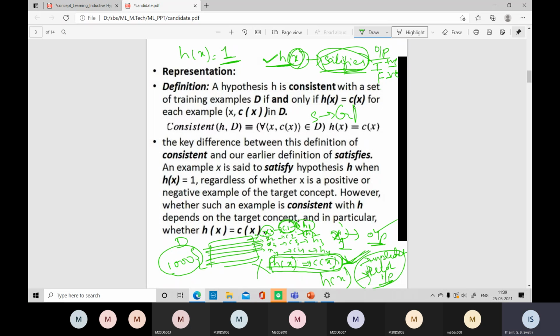Yes, ma'am. Smaran, are you there? In Find-S, did we do specific to general? Yes, ma'am. So in the candidate elimination algorithm also we will convert specific to general.